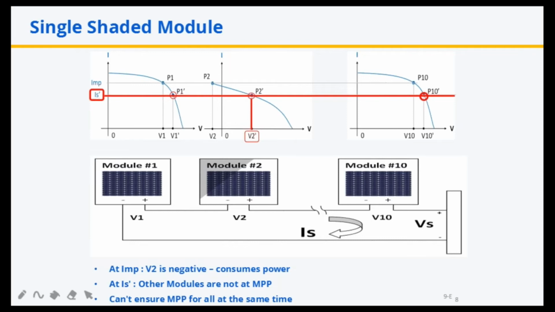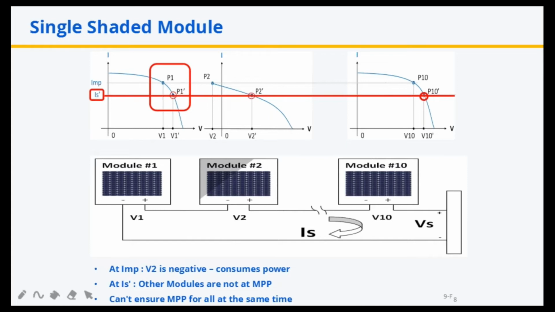Isn't that better? Well, not really, because now at this level of current Is dash, the other modules are not operating at their maximum power point. For instance, the operating point of module 1 is P1 dash, but the maximum power point was P1.